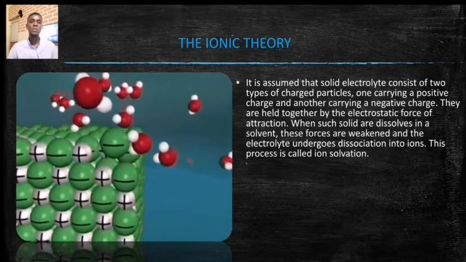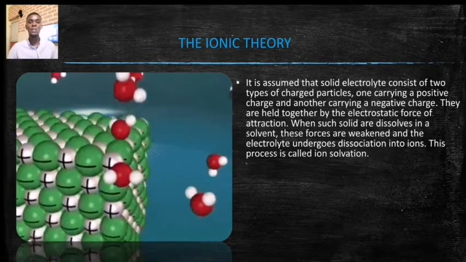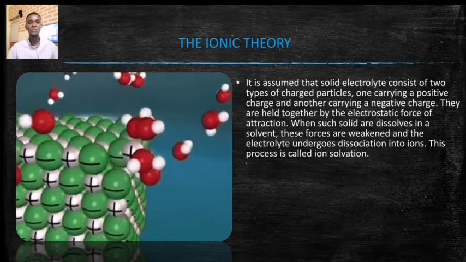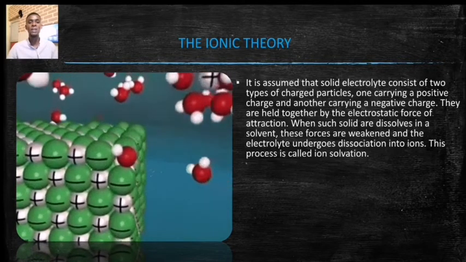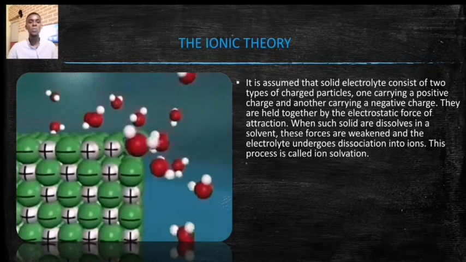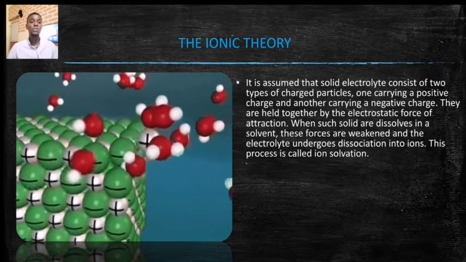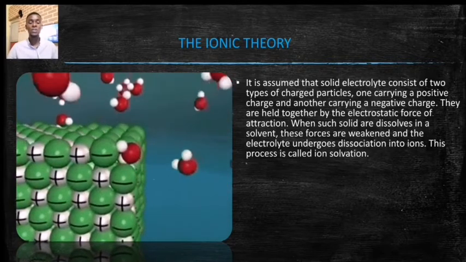And when they form ions, the positively charged ions and the negatively charged ions, which are called cations and anions respectively. In the solid state, they are combined and held together by electrostatic forces. At the moment you put them in water, they dissociate by a process called ion solvation, forming the cations and the anions.